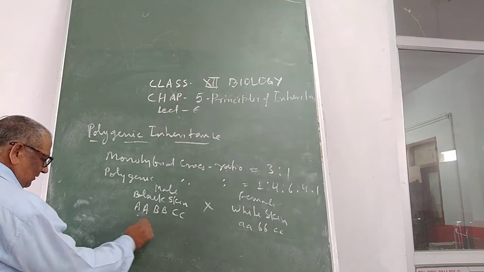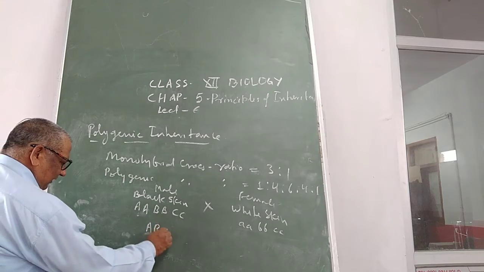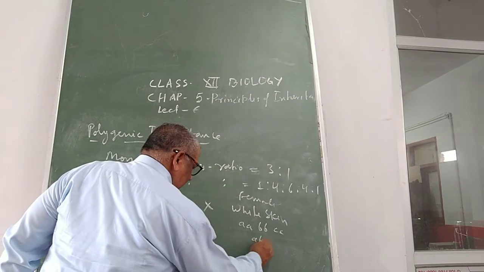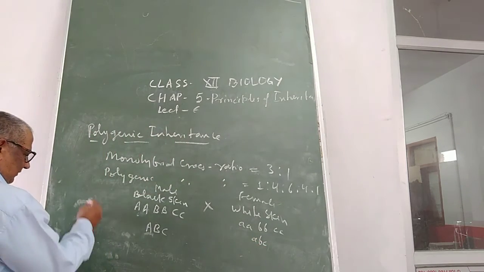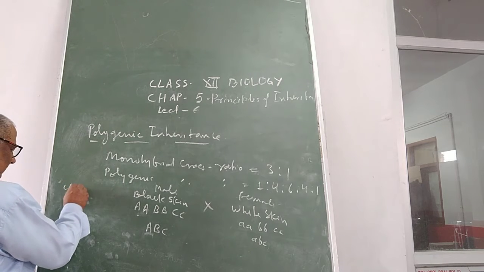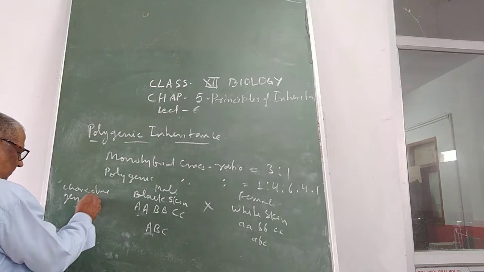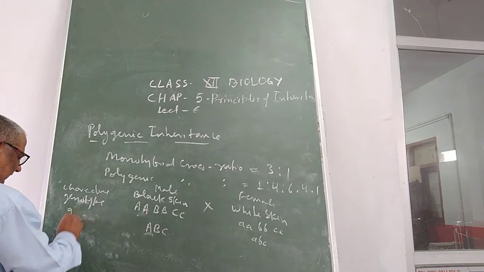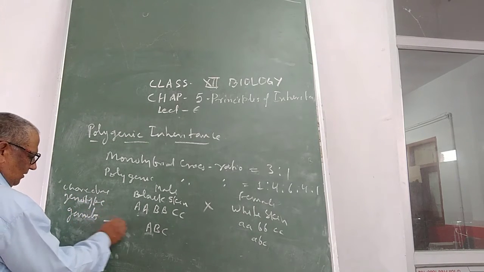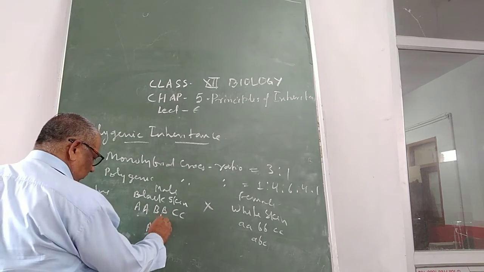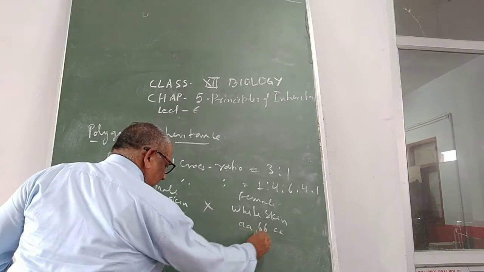Gametes are ABC and abc. These are the characters, these are the genotypes, these are the gametes, and these gametes came out of meiosis cell division.